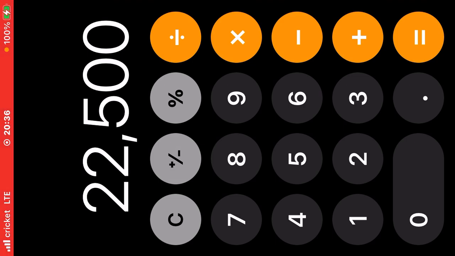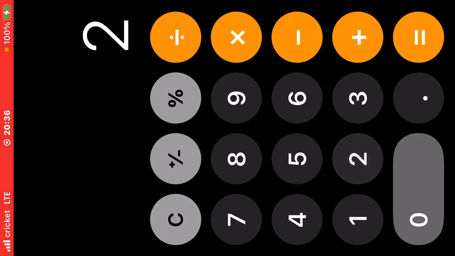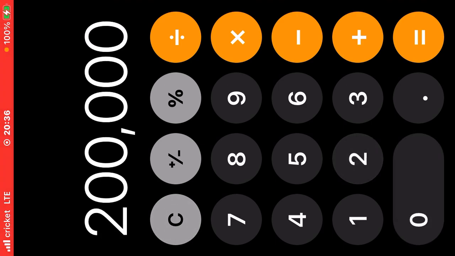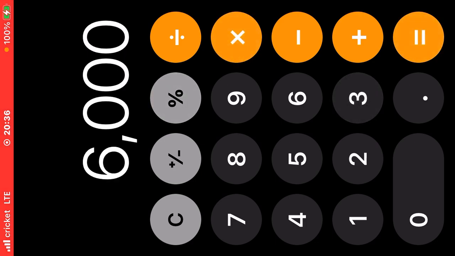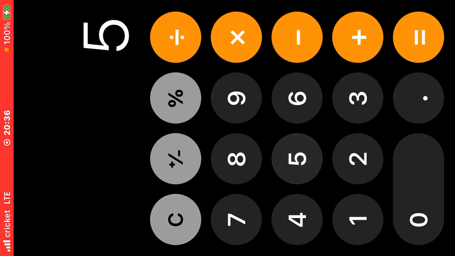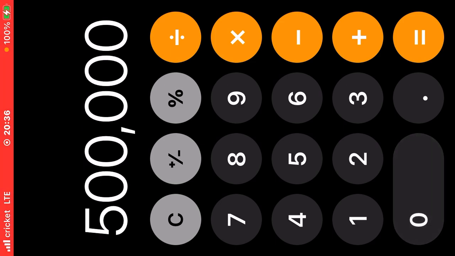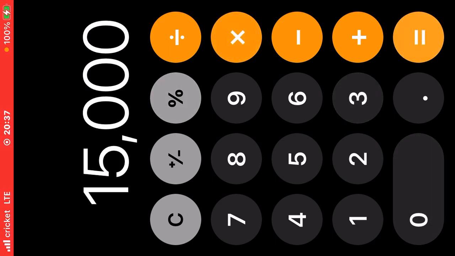What would that be, a $200,000 account? Let's see, 200,000 times 3% equals 6,000. Okay, so that would be more like a $500,000 account times 3% equals, no, that's 15,000.